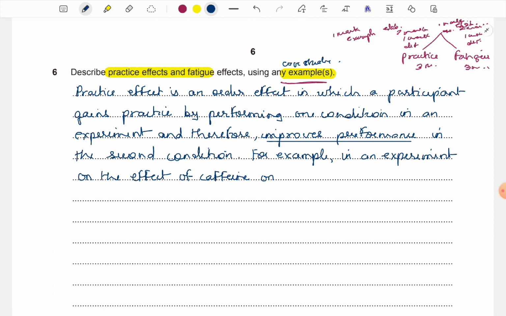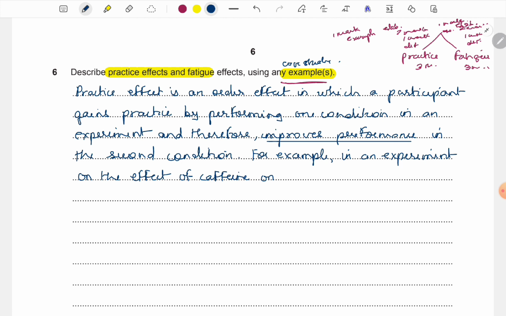The memory task in Android studies is repeated measures too. It's just that there is not so much clarity on practice and fatigue effects. It's more focused on counterbalancing because they maintained counterbalancing well in those studies. So I'm not taking that. I'm taking a general example because it will illustrate my point better. But if the question was on counterbalancing, I would have taken an example from Android. So here I'm taking the general example from the research methods textbook.